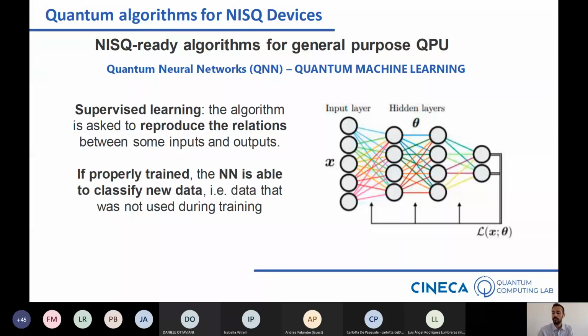Finally, we have quantum neural networks. So what is, briefly, a neural network? Probably most of you know this. In supervised learning, the algorithm is asked to reproduce the relation between inputs and outputs, and the neural network is a supervised learning algorithm that is able to classify, if properly trained.